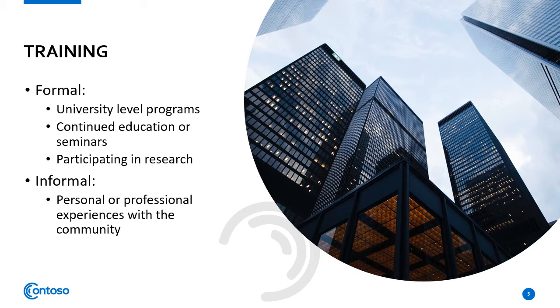Clark defines formal training as including activities such as university-level programs, continued education, or seminars on poverty, or participating in research on poverty. Informal training is a little more lenient, and it can consist of personal or professional experiences of interacting with poverty-stricken communities or people.